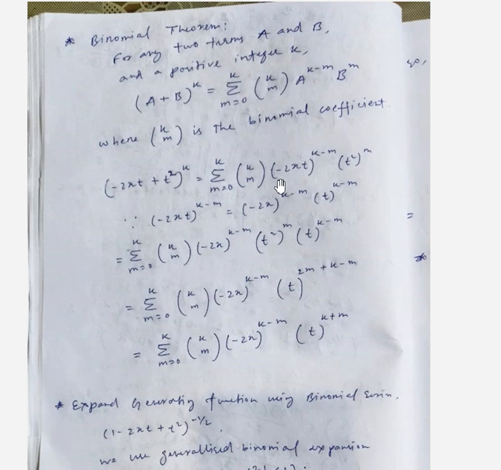For a term like (1 minus 2xt plus t square) whole to the power k, it will be the sum m from 0 to k of the coefficient k choose m times (minus 2xt) to the power k minus m, multiplied by (t square) to the power m.